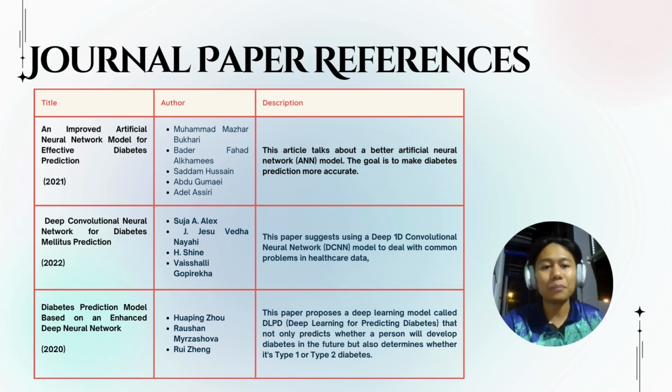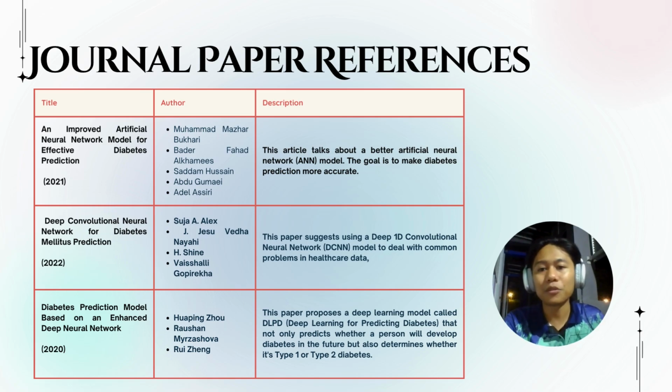Each of the journal papers talks about the same thing, which is the application of the artificial neural network to the diabetes data set. However, the outputs inside each article are different. Some achieve one percentage of accuracy, and some achieve different accuracies.